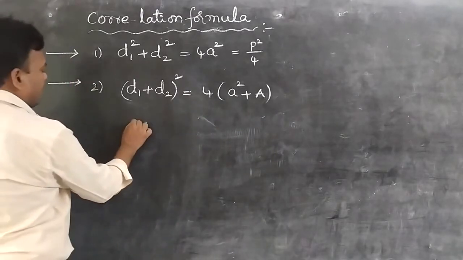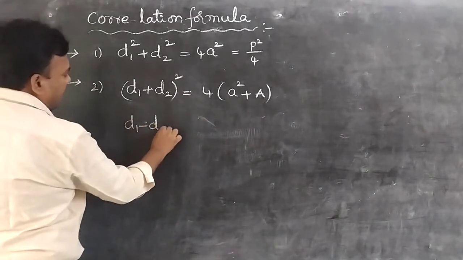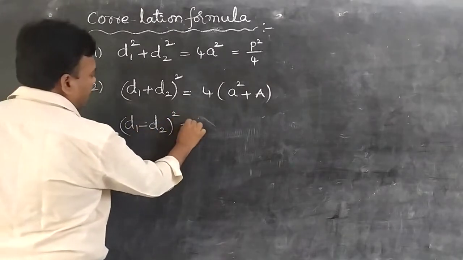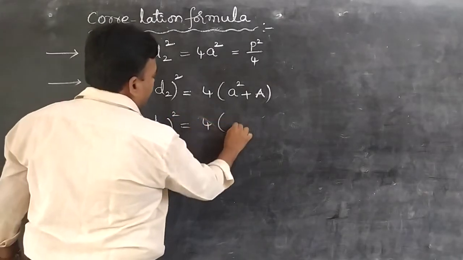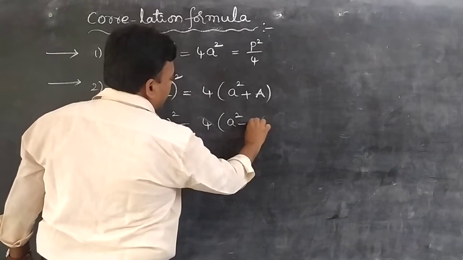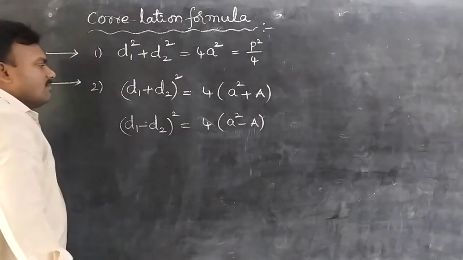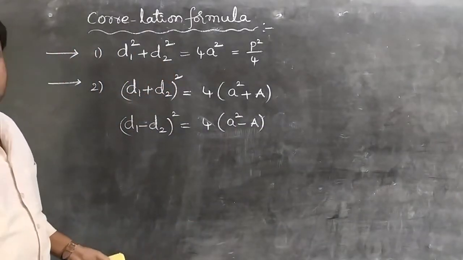Suppose the difference is given: (D1 minus D2) whole square equals 4 of A square minus A square minus A. By using these two formulas, we can get the result, students.